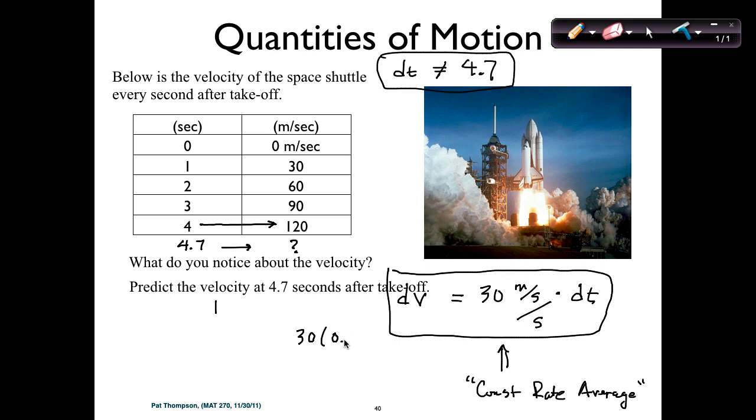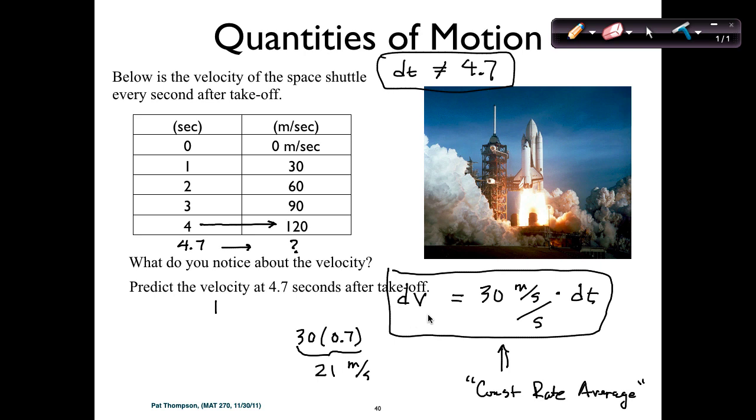And then if you're looking for the total accumulated based off of the 4 seconds, 120, then you add. Right, so if you pick a dt of 0.7, then you get what? What does that give? 21. And what does the 21 mean? 21 is dv, right?